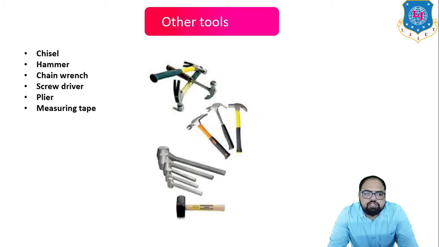The hammer consists of a head made of hard and tempered steel and a wooden handle. The head has a flat striking face and the other side is called the pane. Hammers made of hardened steel are also called engineer's hammers and are used while working with steel components. A 1 kilogram hammer is the most commonly used hammer.